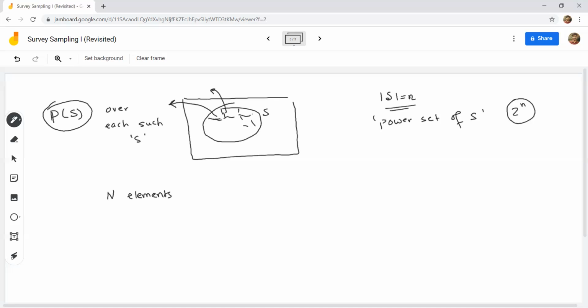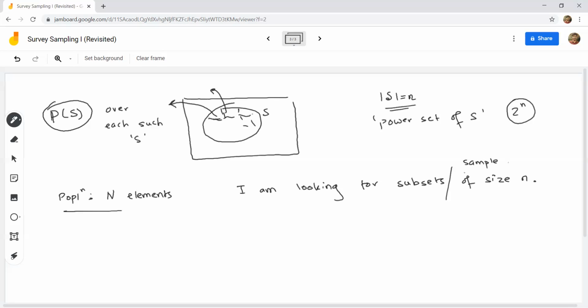For example, suppose my population has capital N elements. This is my population having N elements, and I am looking for subsets of size small n. So I'm always looking for a subset of size small n, or as I can say, a sample of size n.